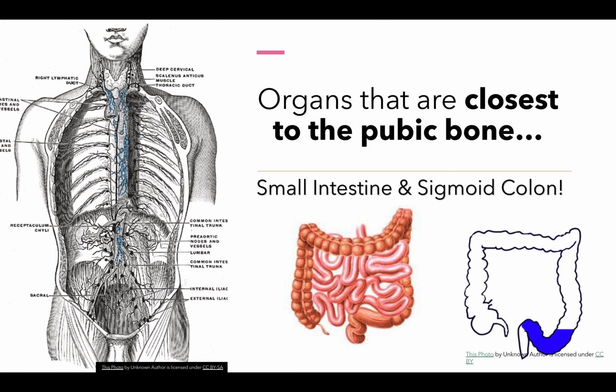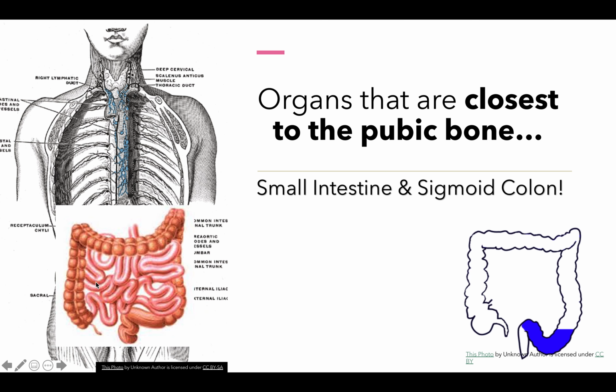The organs that are closest to the pubic bone, as we can see right here, are the small intestine, which is only this part here. These are the small intestines. This right here is the large intestines.